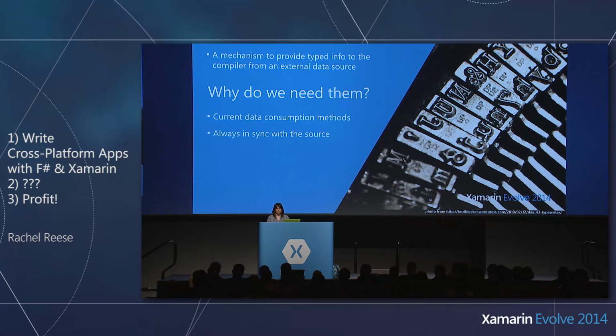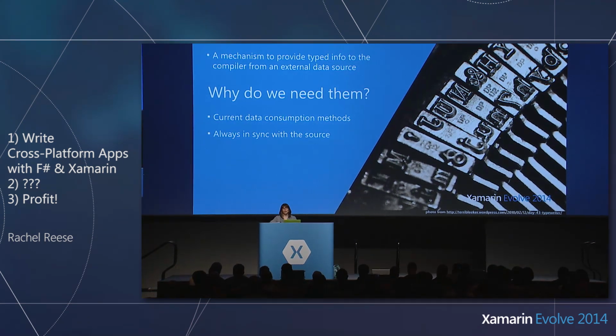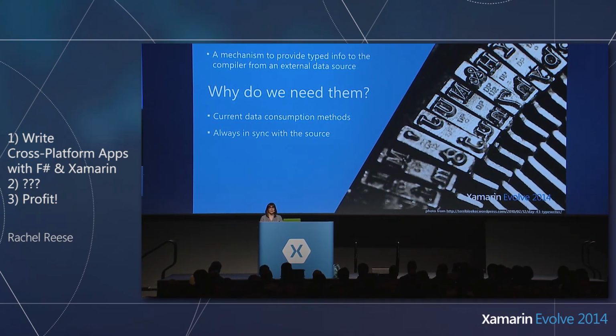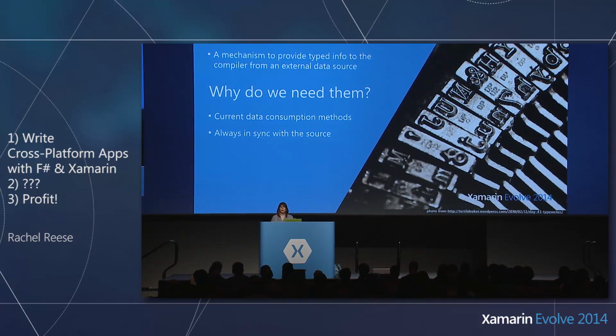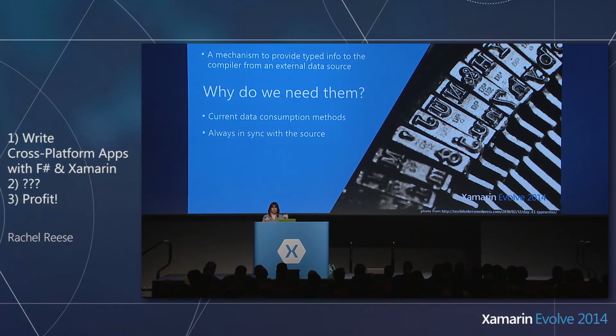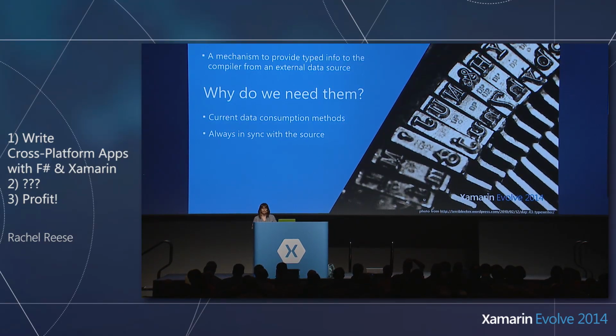It's always in sync with the source. If you're going out to, say, a WSDL, when you load up the project in either Visual Studio or Xamarin Studio, the type provider will ping the schema and say, hey, has anything changed? What does this look like now? Are all the methods that you're trying to call, do those all still actually work?